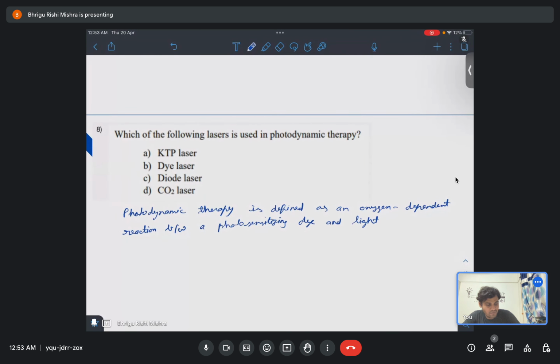The wavelength of light chosen is based upon the absorption spectrum of the system.